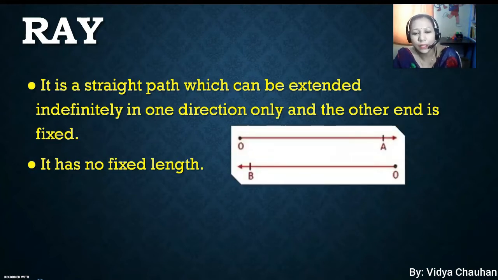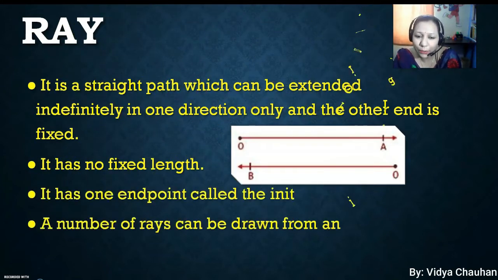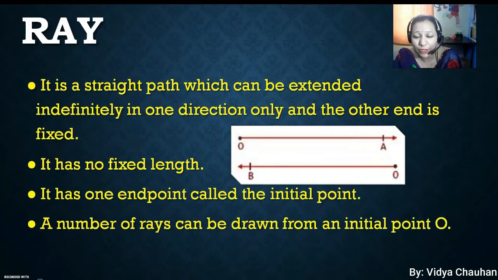Now here in the image you can see there are 2 rays represented, ray OA and ray OB. At the same time, it has one end point called the initial point, meaning the point from which the ray started, and a number of rays can be drawn from an initial point.